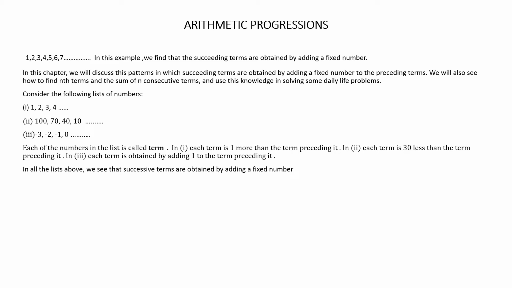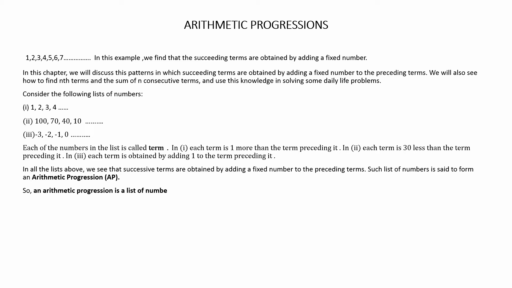In all the lists above, we see that successive terms are obtained by adding a fixed number to the preceding term. Such a list of numbers is said to form an arithmetic progression. In short, we say AP.